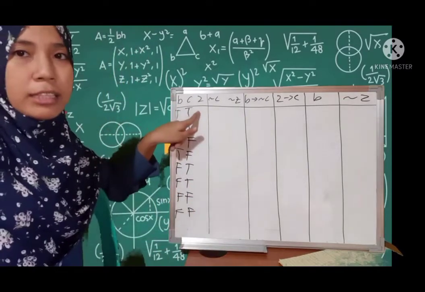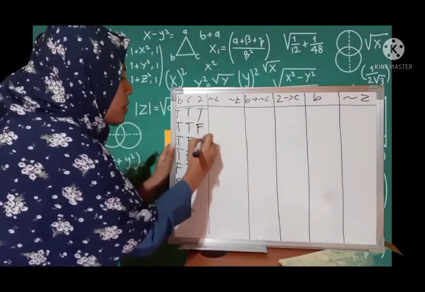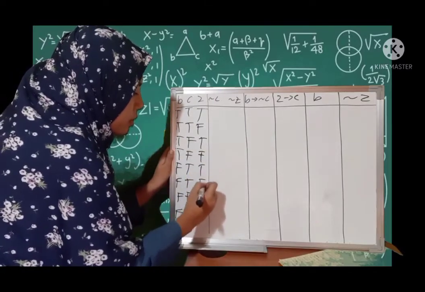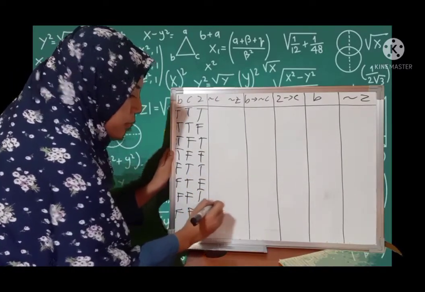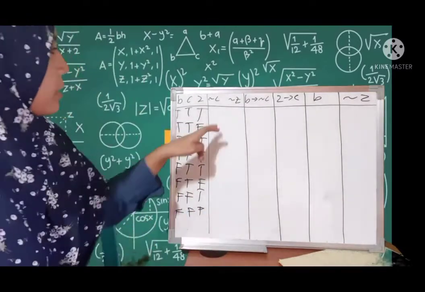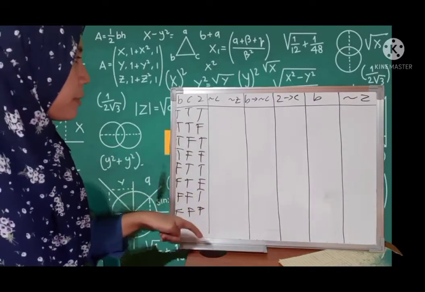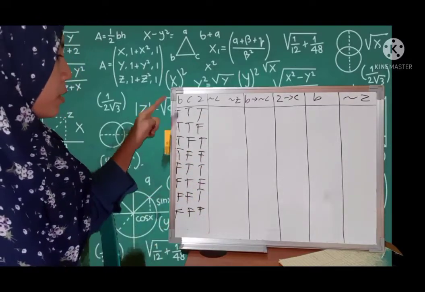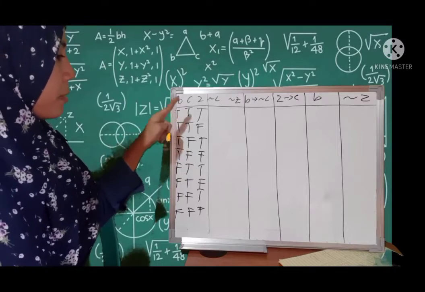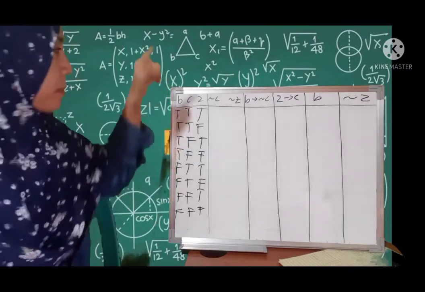So, dito naman, alternate, isa-isa: true, false, true, false, true, false, true, at false. So, ganyan ang paglagay. Dito naman, ang pagkuha natin ay dito rin sa C, pero kabaliktaran lang yung pagkuha natin dito.